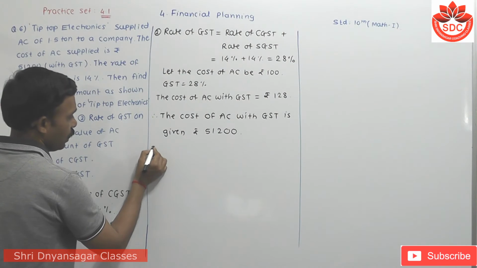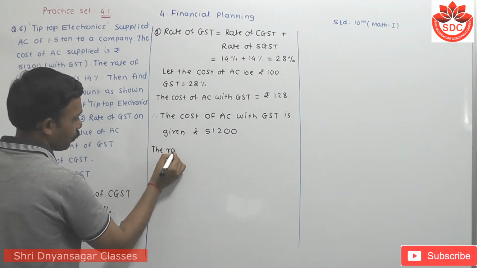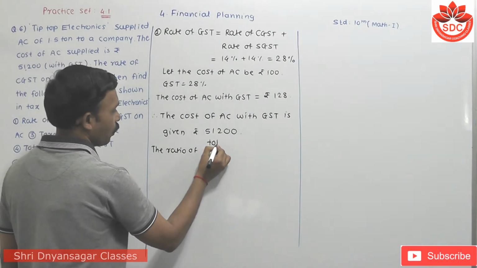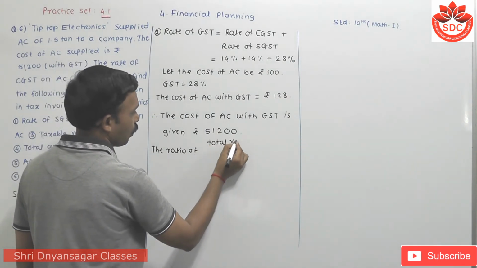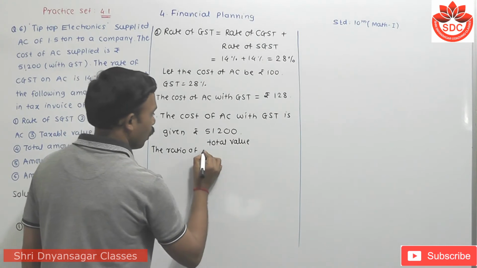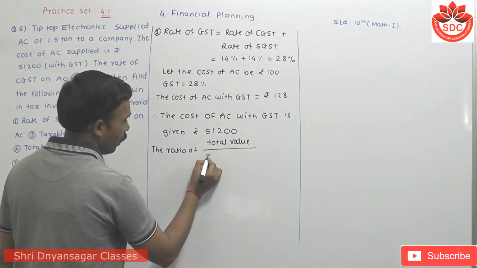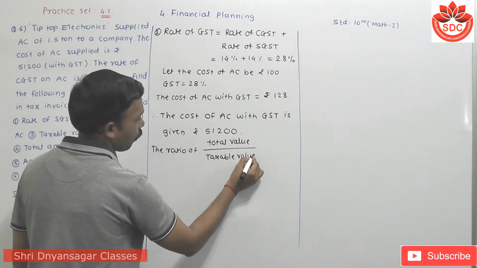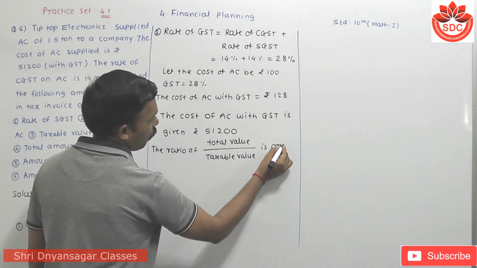We know that the ratio of total value upon taxable value is constant.